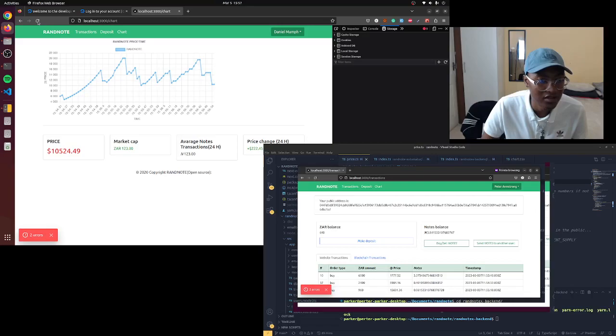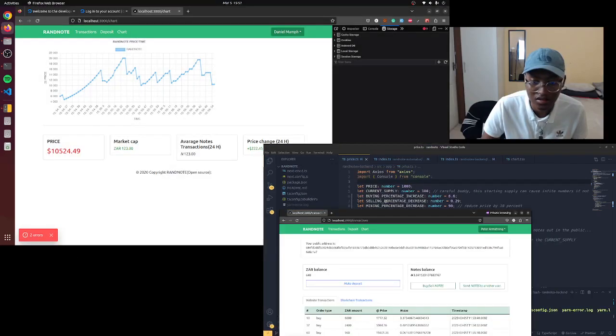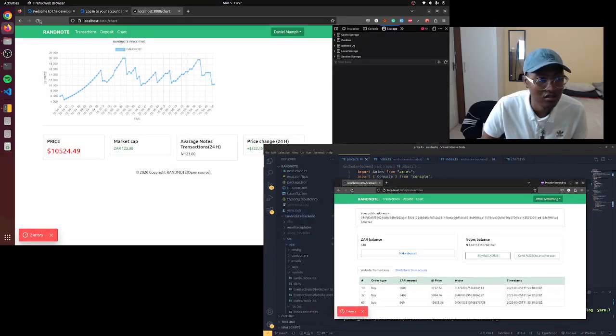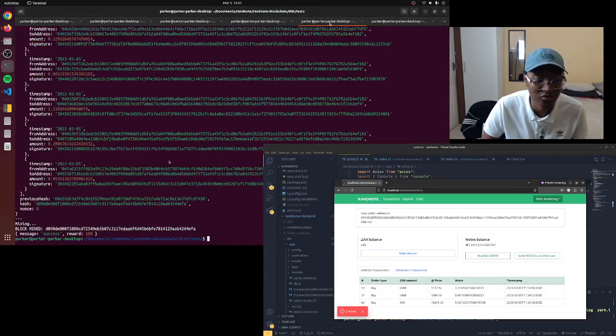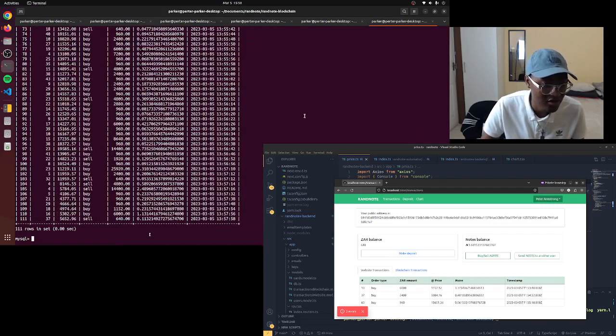But what's the price? Is it still 10,000? Wait. My PC is frozen, guys. Well, not my Firefox. What's the price right now? Select all from transaction website. Price is at 5,000.